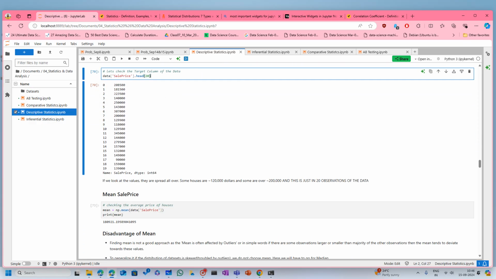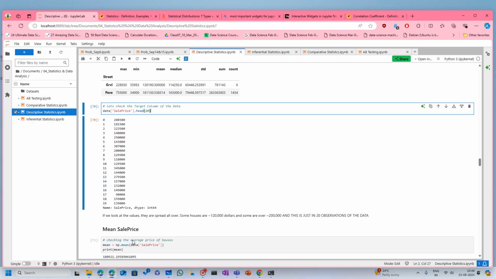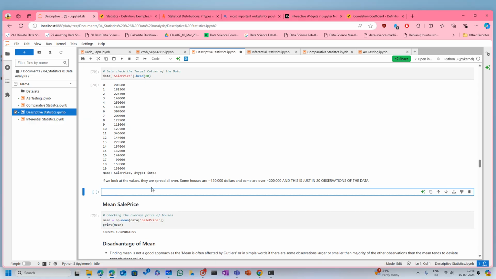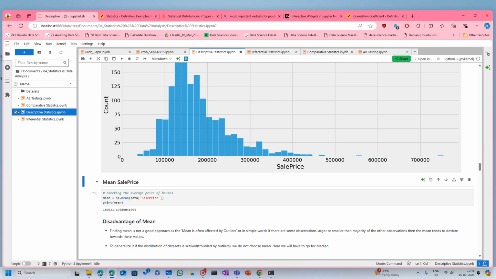Here we are seeing how the values of sale price are spread. Another thing you can do is, in Seaborn, we have something called histplot, and you can pass the data of sale price. You can understand how your sale price is moving.